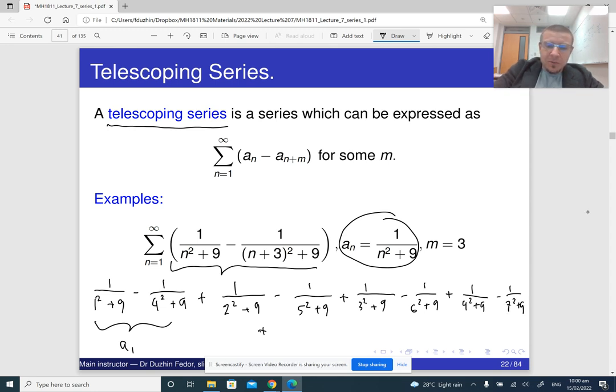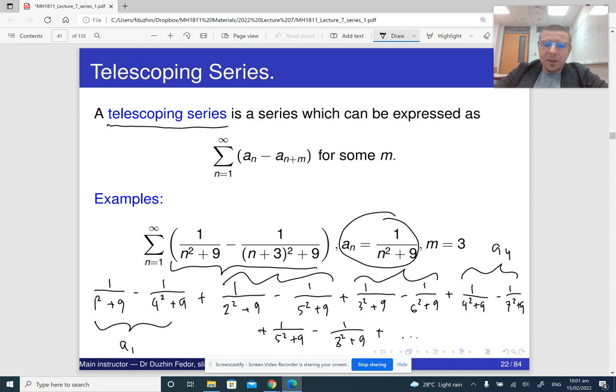And then let me write down one more: plus 1 over 5 squared plus 9 minus 1 over 8 squared plus 9, and so on. So now notice that, this is a2, this is a3, and this is a4.